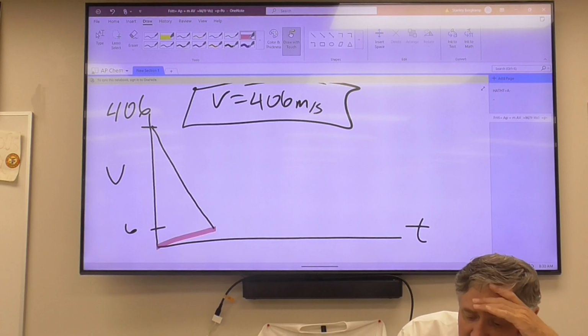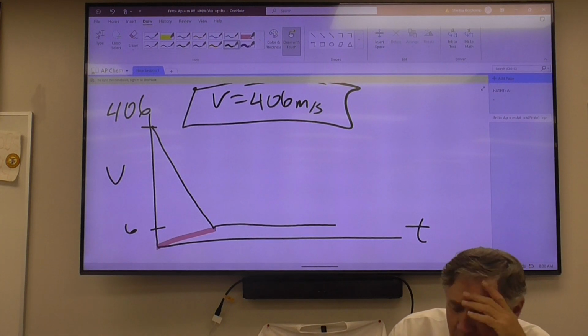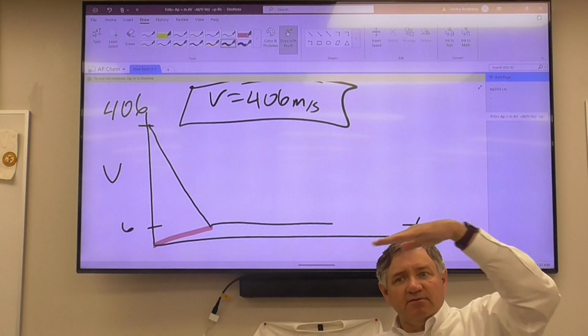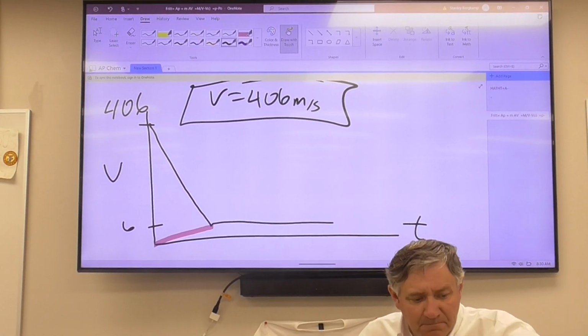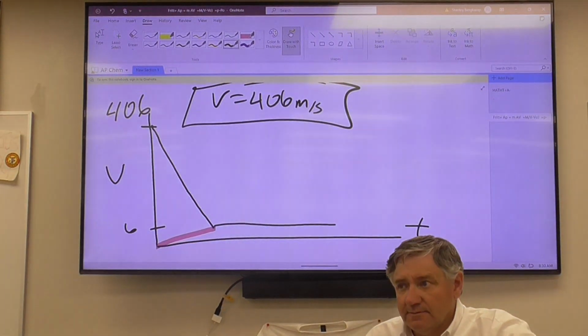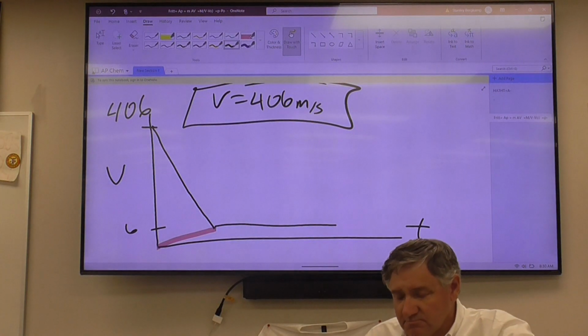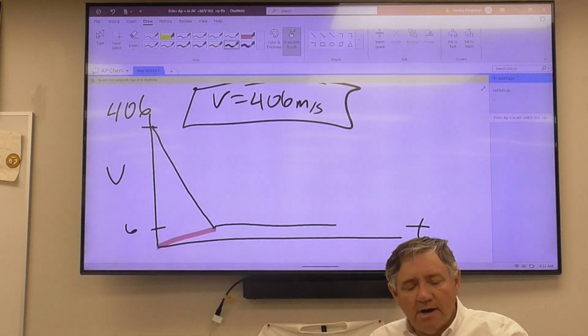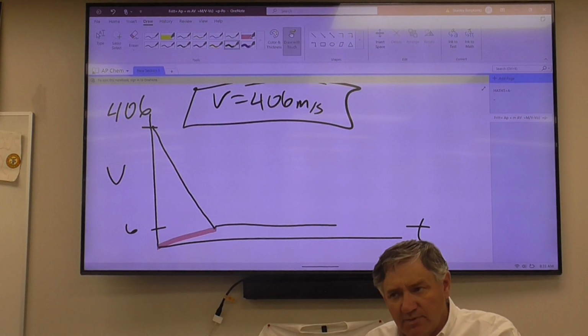But after this happens, it becomes a horizontal line, and they move off together at 6 meters per second. So, did the block accelerate? Yes. Did the bullet accelerate? Yes.